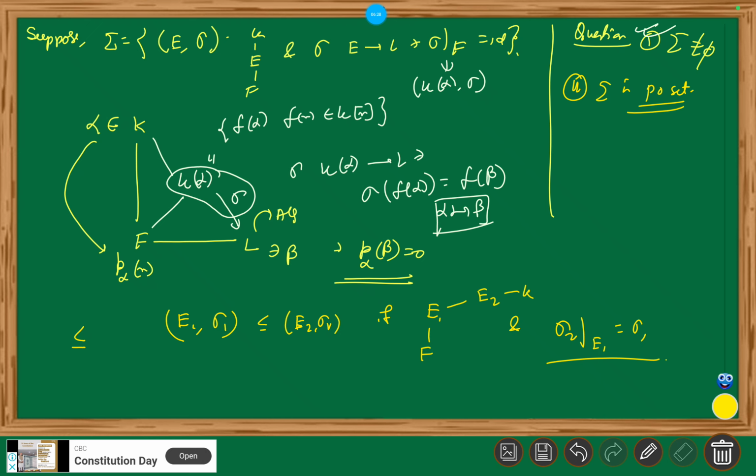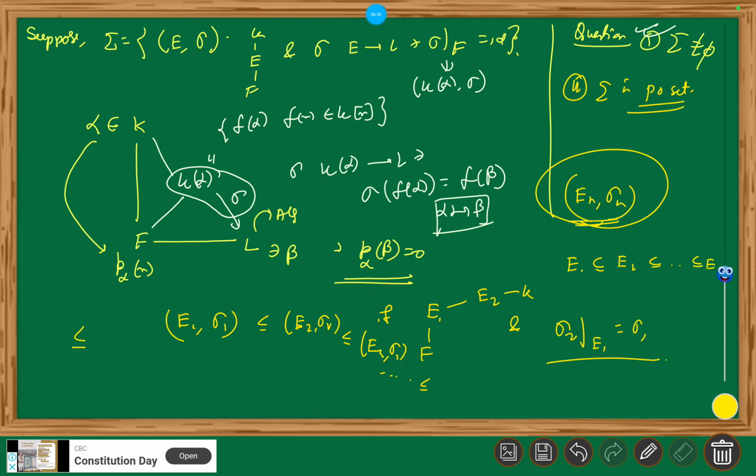Okay, now if we consider a chain of, let's say, E1 comma sigma 1, E2 comma sigma 2, then again less or equal to E3 comma sigma 3 and so on, then I can choose a maximum one, right? That is En comma sigma n. Suppose it is a finite chain, so I can take this particular element as well, because we have E1 subset of E2 subset of itself En, and sigma n restricted at E n minus 1 is sigma n minus 1.